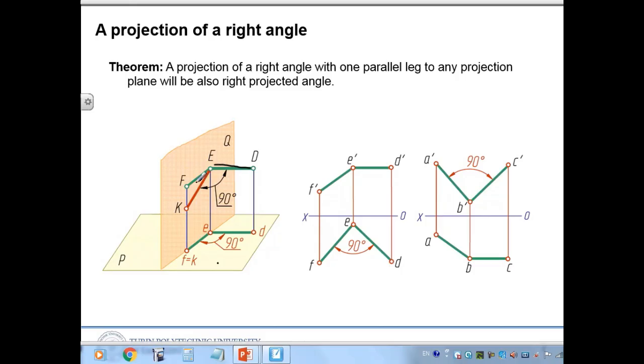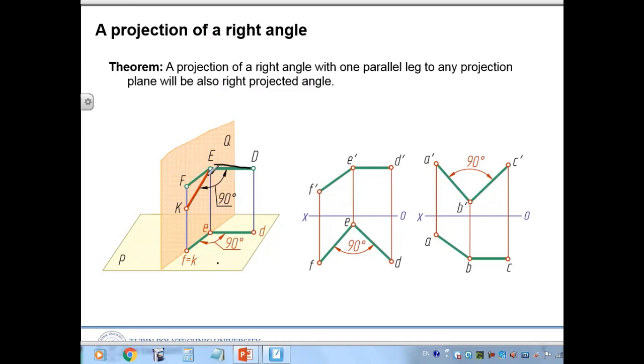Okay, so in space it has 90 degrees, and in the projection also, that angle remains 90 degrees. Okay, so it's a right angle. That's a theorem. So only one leg is enough, and one leg should be parallel with the given projection plane.